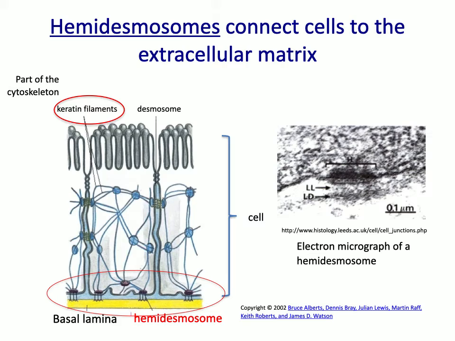And so it is unsurprising that when there are defects in these proteins that affect hemidesmosomes, they can also result in blistering diseases, similar to what we see in patients with non-functional desmosomes.